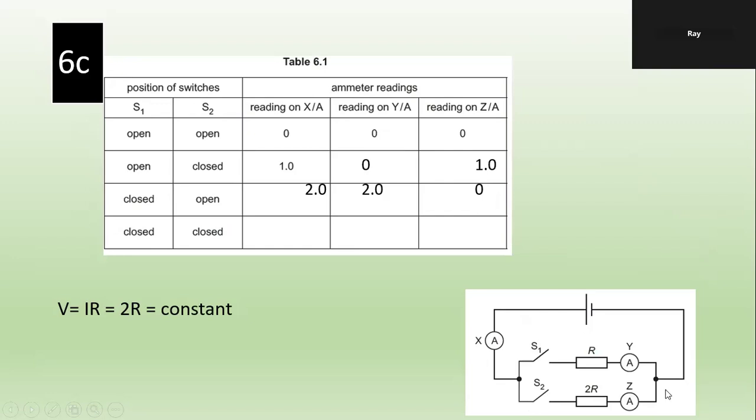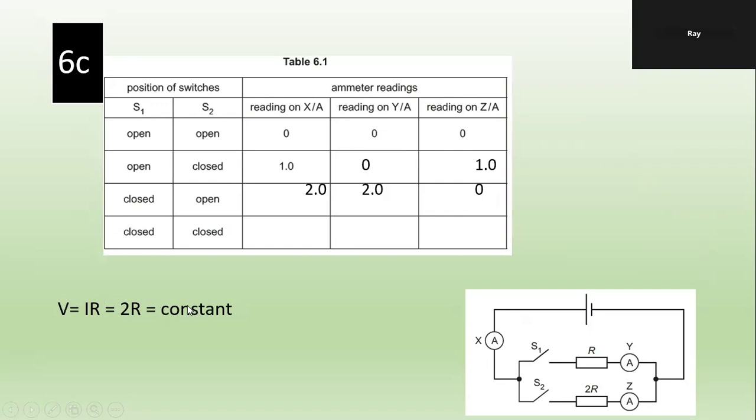This is also 1 ampere coming through. Then you open S2 and close S1. Previously, when you close S2, there's 1 ampere there. So basically I is 1, and then 2R. So this one is constant.